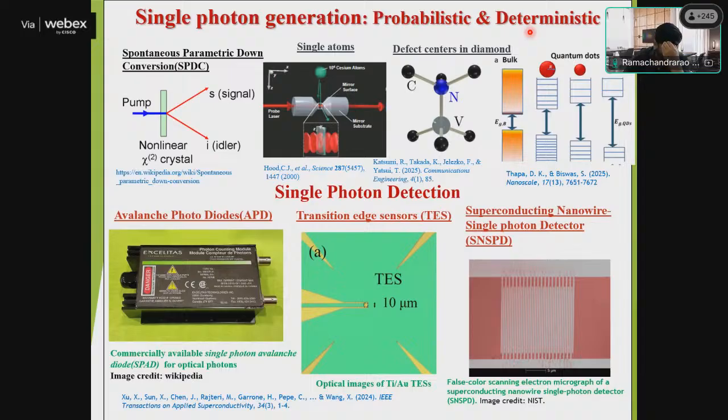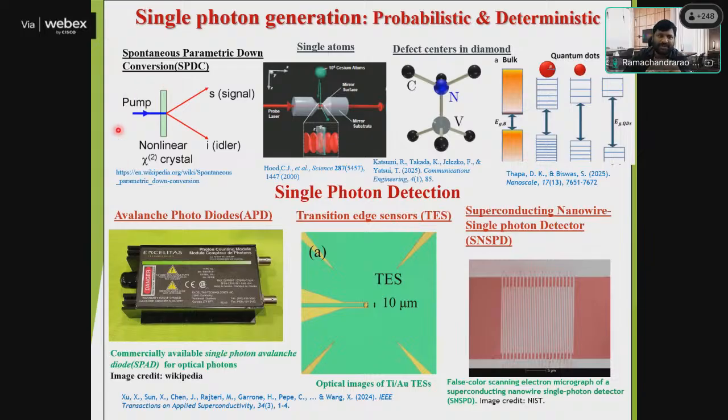Conventionally, from history, people use some non-linear crystal. When you pump it, you are going to generate two single photons, one called the signal and the other called the idler. This process is called spontaneous parametric down conversion, SPDC.